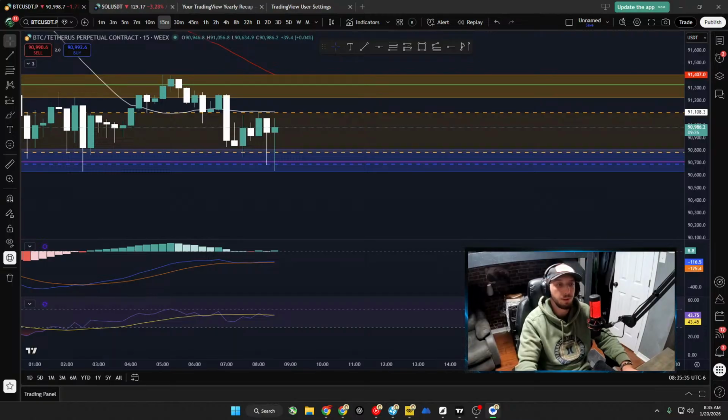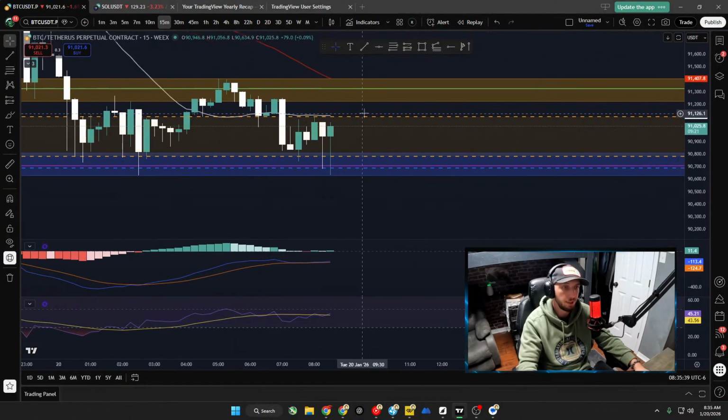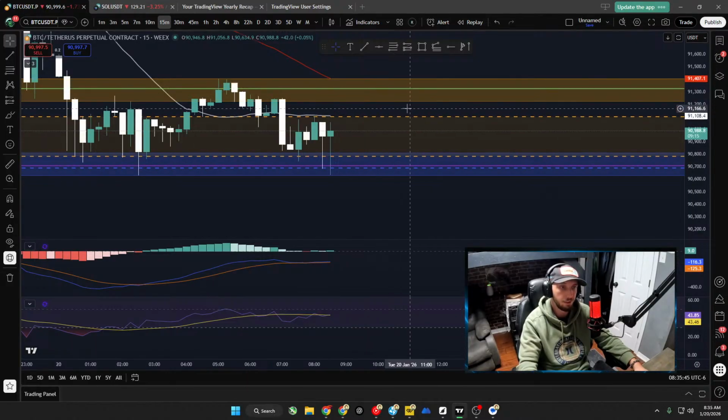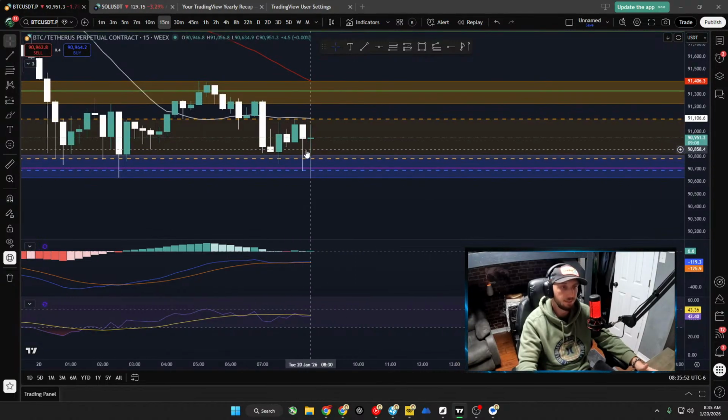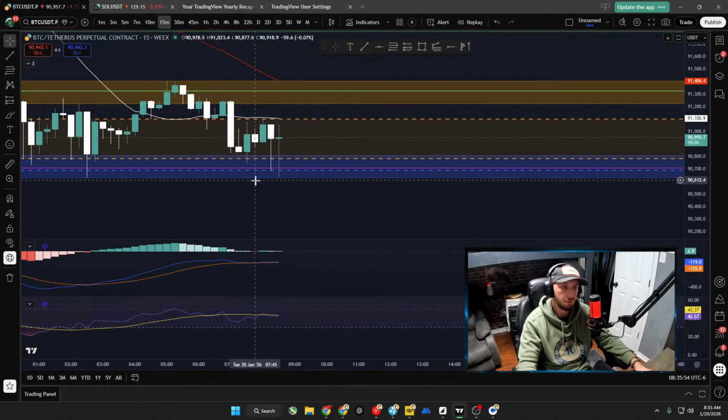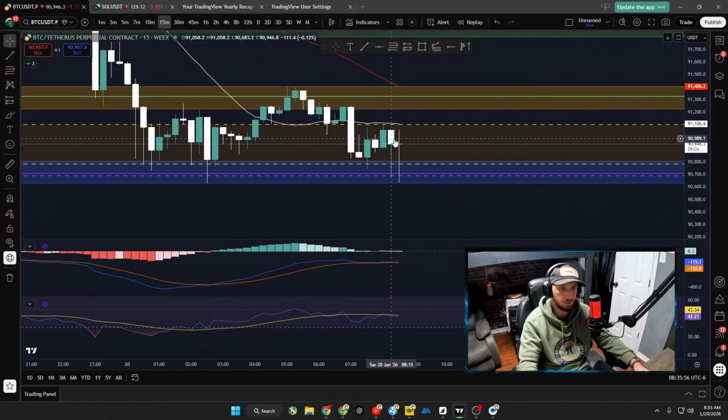Yeah, it really depends, guys. If we get the breakup out of this POC range right here, the point of control range, and start heading towards this, then I'll be looking more bullish. As of right now, we keep getting these dips down, and you could say that's pretty bullish for the candles, just because we got the breakdown here.